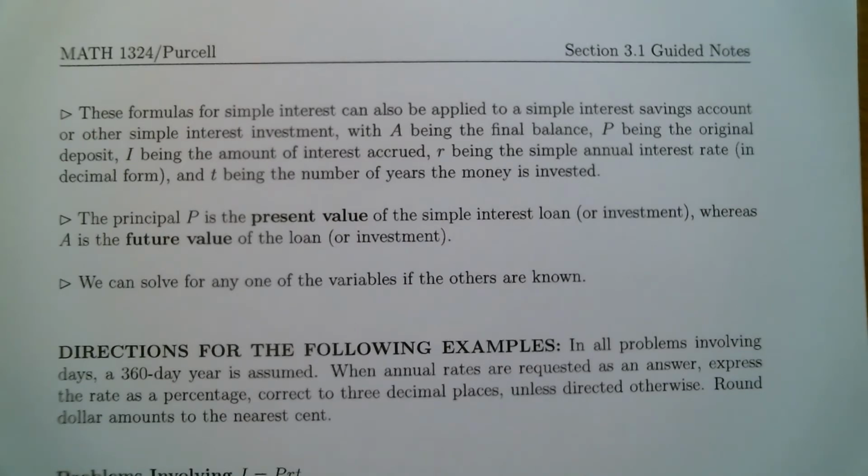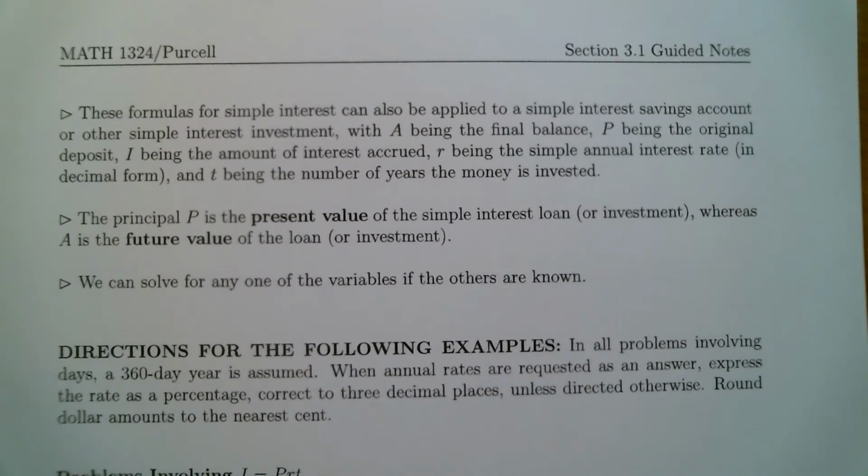If you're thinking of a loan, you can think of A as the total amount of money you pay back. If you're looking at it in terms of a savings account, it is your account balance. So if we think of this in terms of loans, P is the amount of money that I borrow. If I went out right now and made a loan of P dollars, presently that's the amount of the loan.